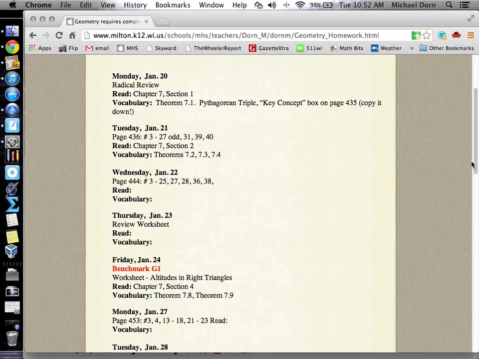So make up your little vocabulary flashcard, and I'll be checking those tomorrow. 3 theorems from the chapter. Then we continue with some new stuff tomorrow. Review Thursday, and our first benchmark is already on Friday. So we're moving right along.